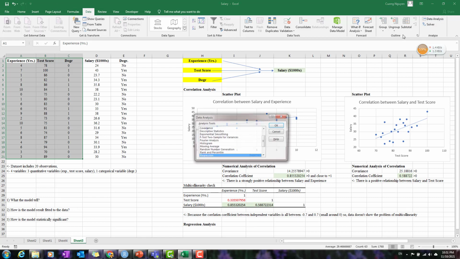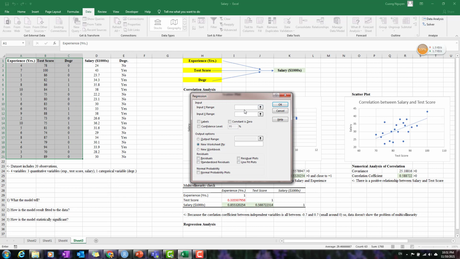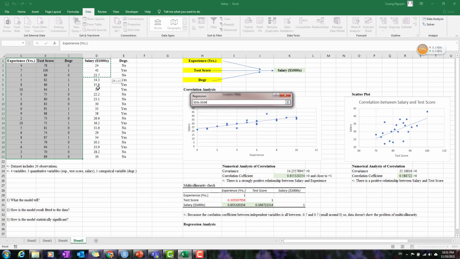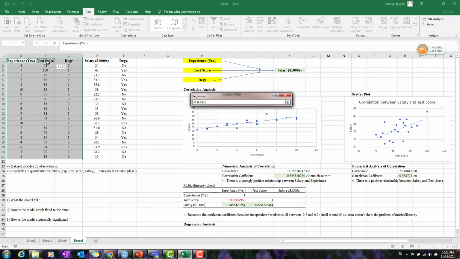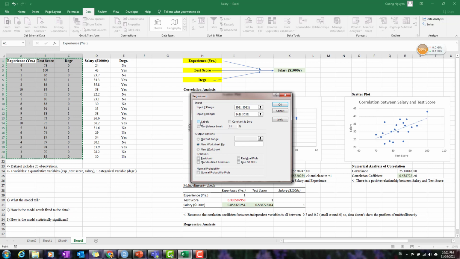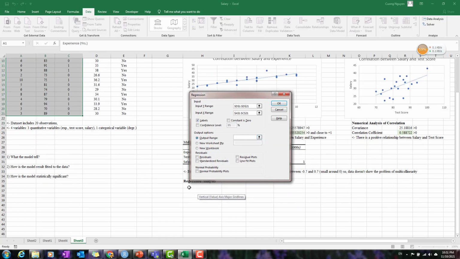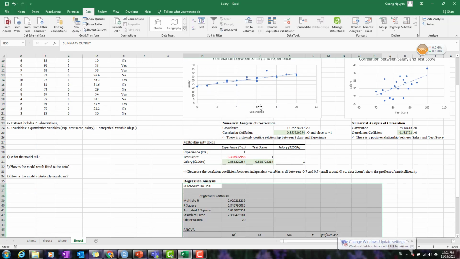So we go and do the analysis. The Y range should be fine. Salaries, right? That's very clear. However, for the input X range, all these variables, experience, test score, and degree, three independent variables, they must be close to each other. Okay, labels for the first row, output range over here. Okay, and yep, that's everything. And you can click on OK.